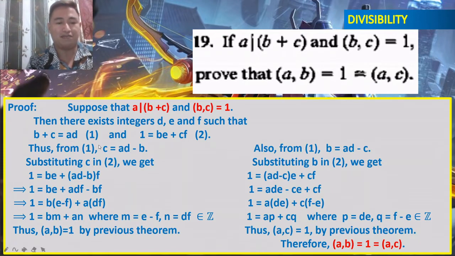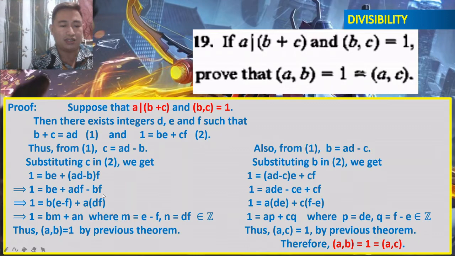Right? We just moved B to the other side: AD minus B. So, substituting C in equation 2, we get 1 is equal to BE plus, this is your C now, AD minus B, times F. Then distribute F, class: ADF minus BF.